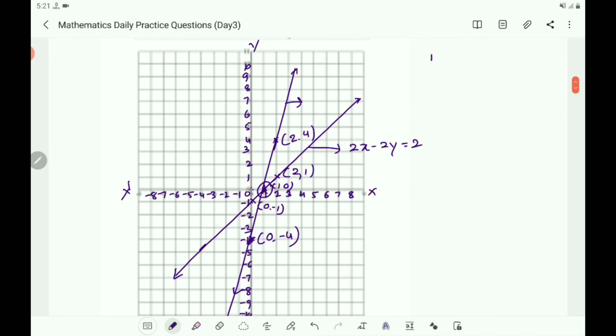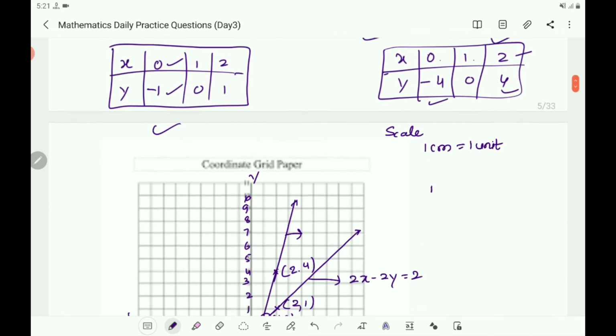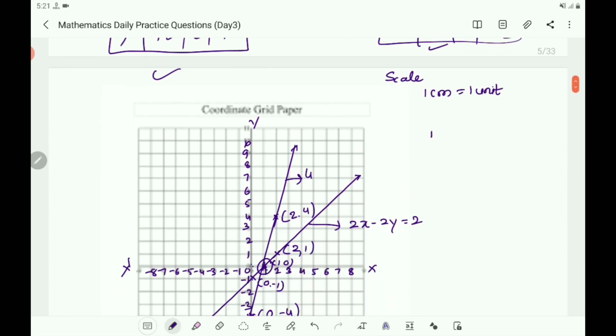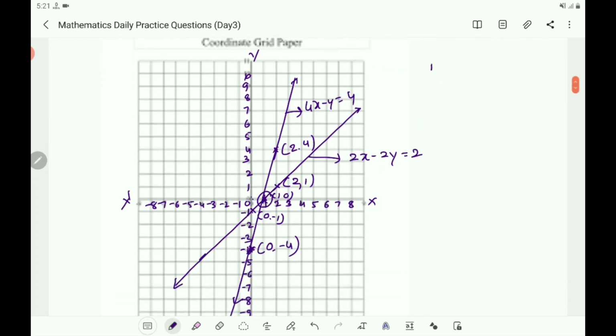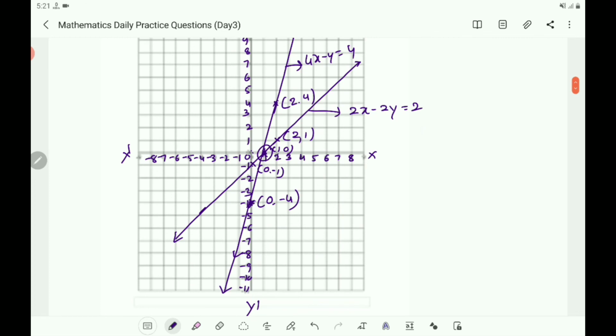It is the graph of 4x minus y equals 4, and here both the straight lines meet at the point (1, 0). So the x value is 1, y value is 0. So what is the solution? The solution is x equals 1, y equals 0.